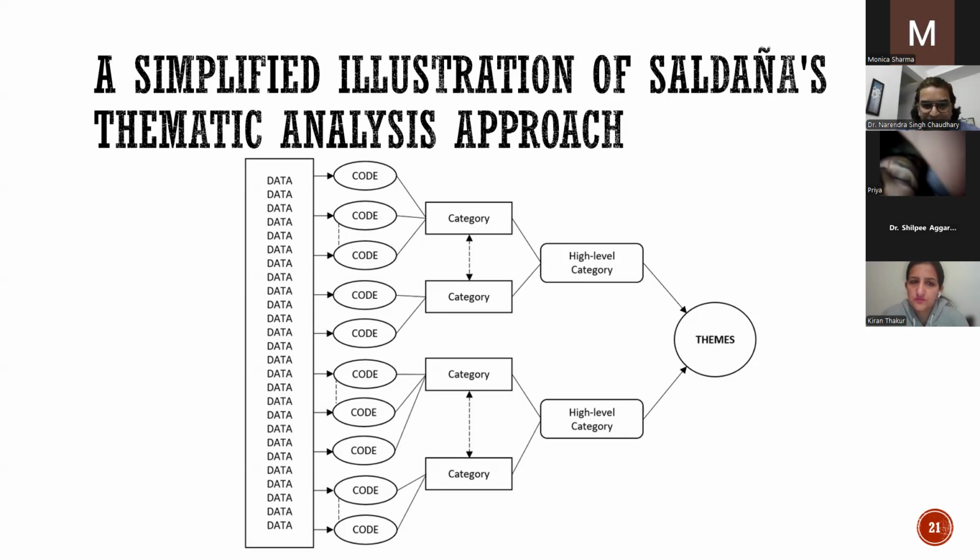Now you can see in the second order, that is axial coding, I told you that we try to look for a relationship between the categories. So you can see there's an arrow between category 1 and category 2. And then there's a relationship between category 3 and category 4.